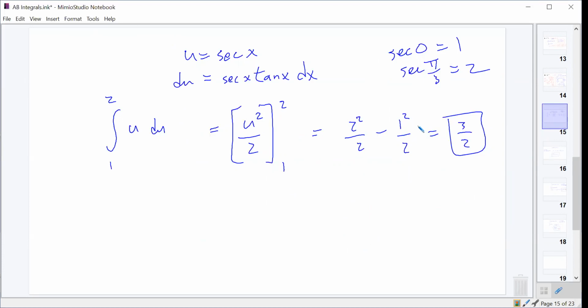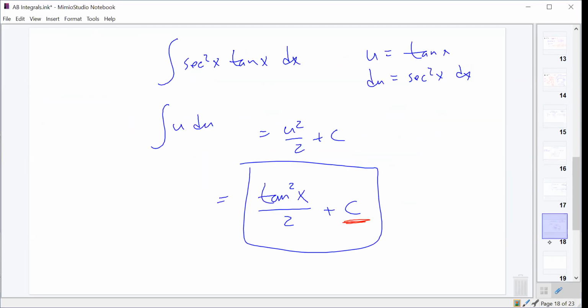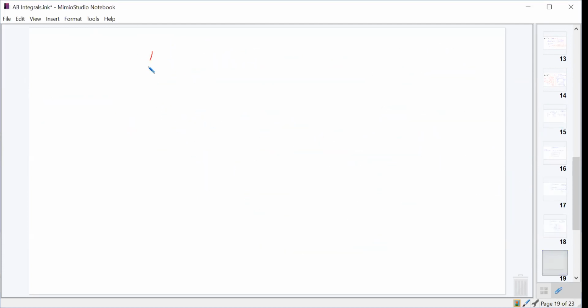So that constant doesn't matter for a definite integral, but it can certainly affect our answer when we do it this way.